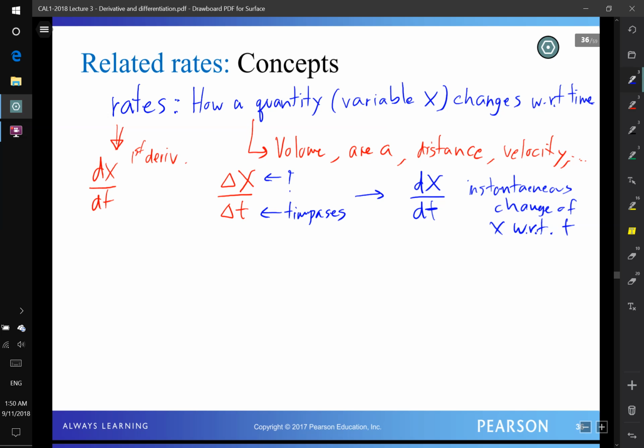Okay, rate, derivative. Now, related rates, what does that mean? It means that it's going to be about rates, and they are related to one another.